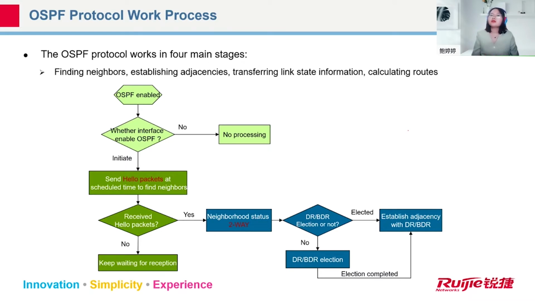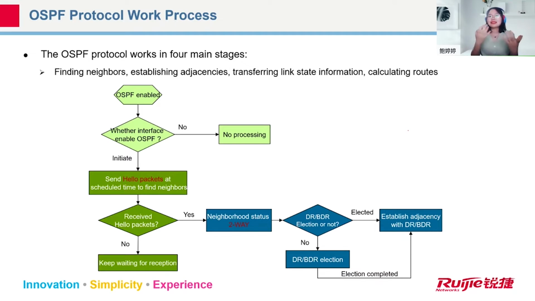Why do we need the DR and BDR? That's because we want to reduce repeated information. For example, I have lots of devices in our network, and if every two routers establish this relationship and exchange information, some of the information is repeated.